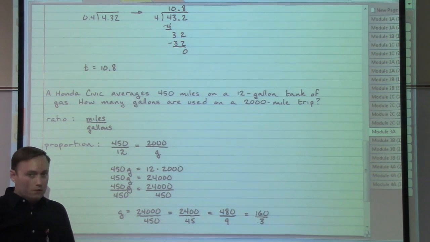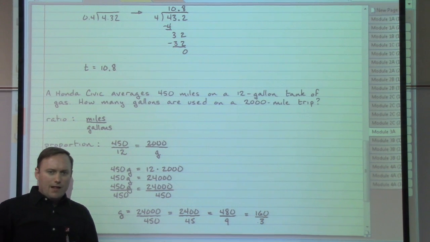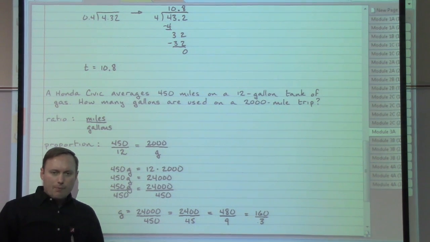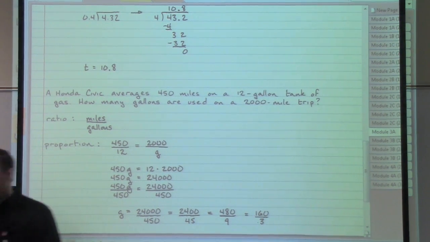The issue is that one way or another we have to work out the division because the number of gallons realistically is not presented as a fraction. Realistically, at the gas pump, you have some sort of decimal that's being given.